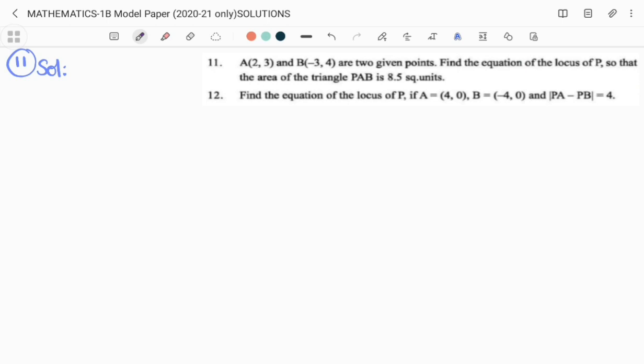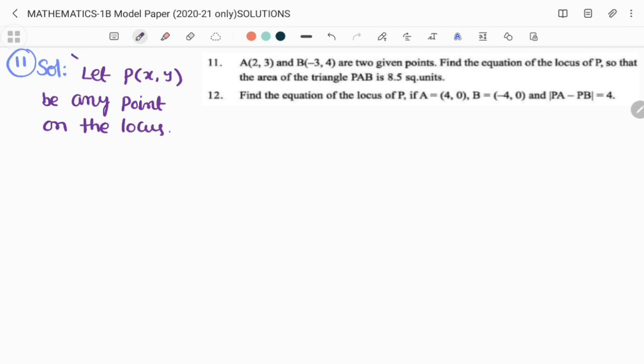In all locus problems, remember dear students, the first step is: let P of x comma y be any point on the locus.